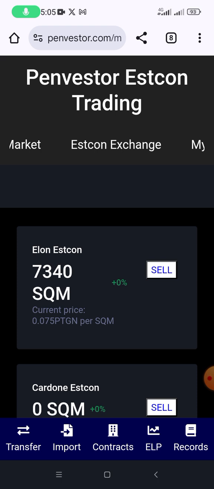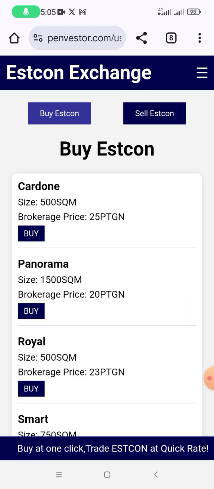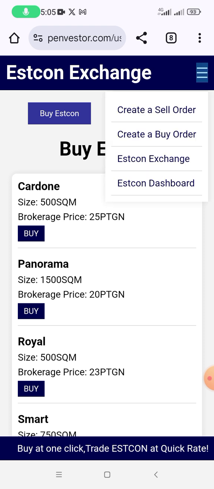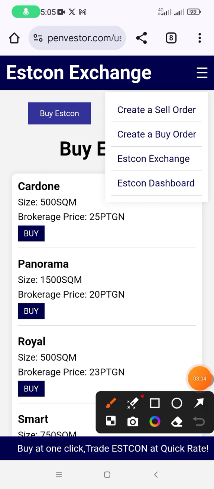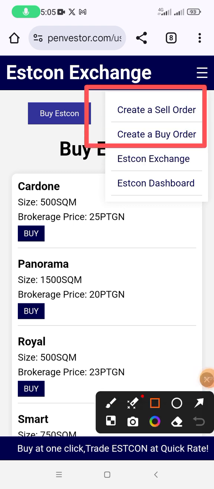So as a broker, I have that power to create a sell order. See what I'm talking about? You see, I have that power to create a sell order and to create a buy order. A sell order means that I'm selling my ESTCON.